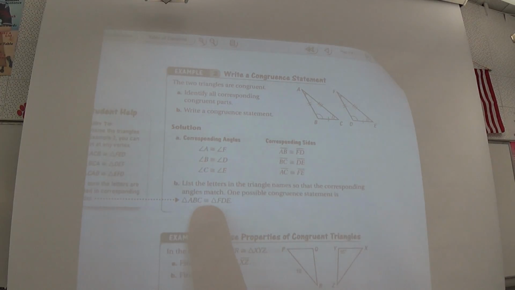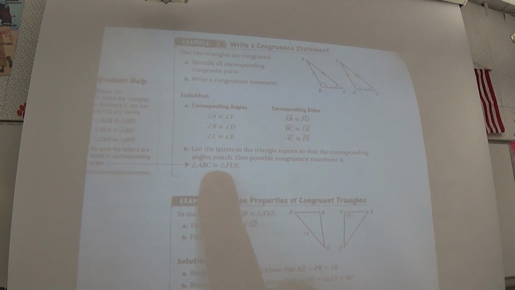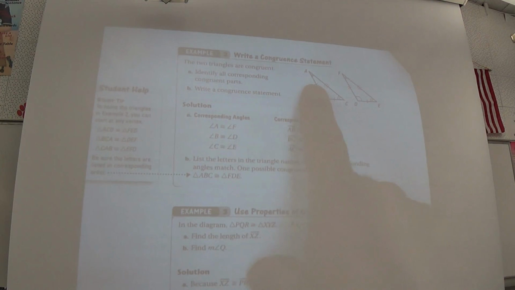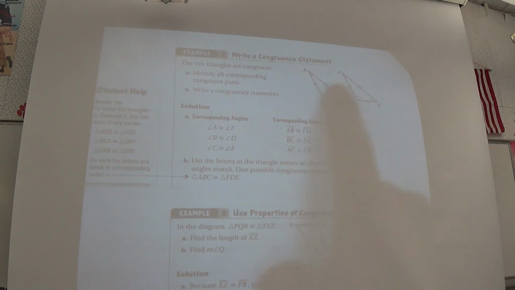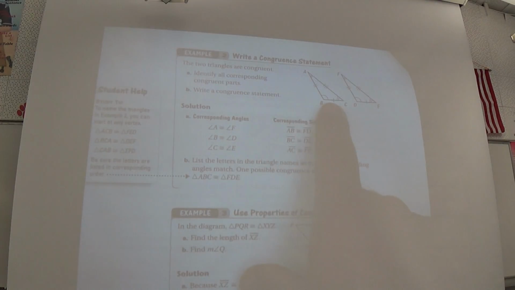This is the congruency statement. It is telling me that this triangle is congruent to this triangle, and it has to be in the proper order. Now, it doesn't have to be triangle ABC. It could be triangle CAB.